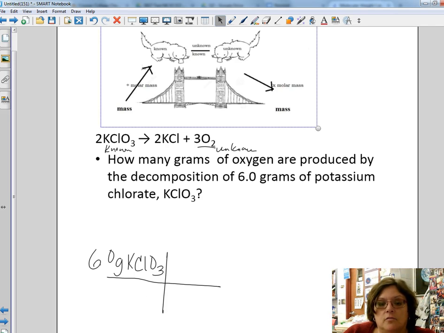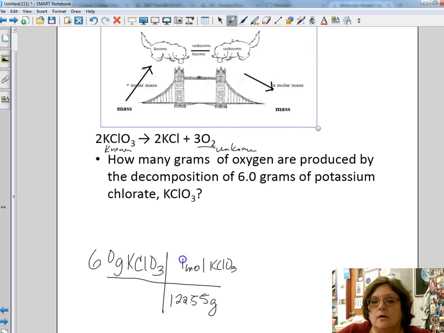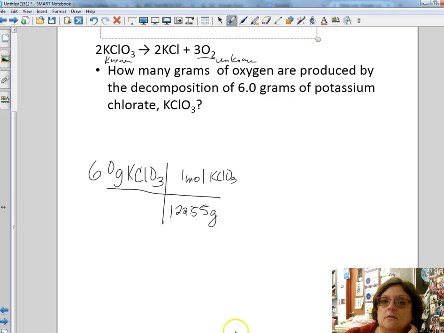So, how do we go from grams to moles? We divide by 122.55 grams in 1 mole of potassium chlorate. Now we're up on our bridge. So, next step is to multiply by the ratio of the known to the unknown. If we look at our equation, we're going from potassium chlorate to oxygen.